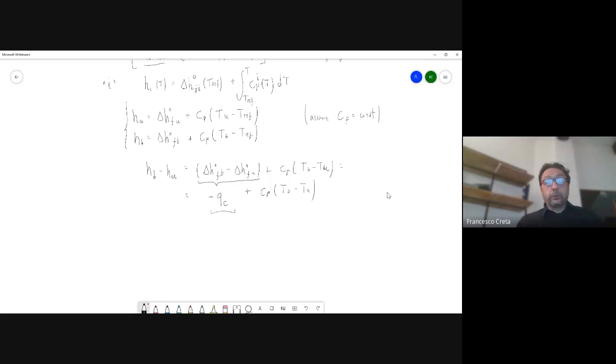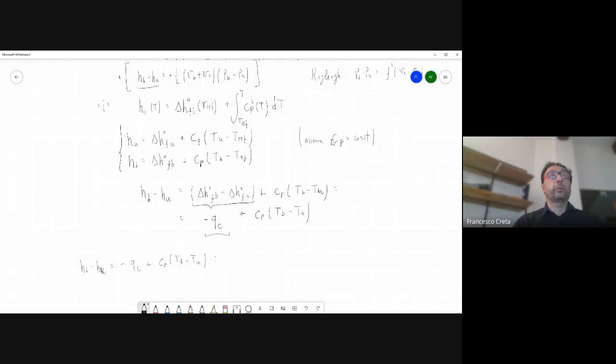So now what we can do is very simply take this expression and substitute it. So minus QC plus Cp Tb minus Tu, substituted in the Hugoniot expression, which we wrote up here.